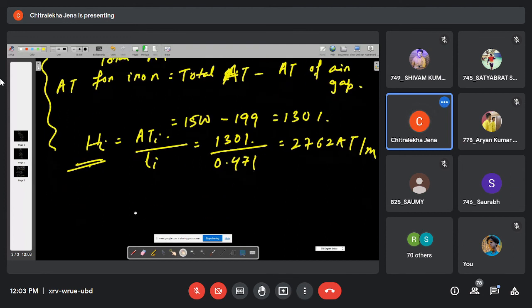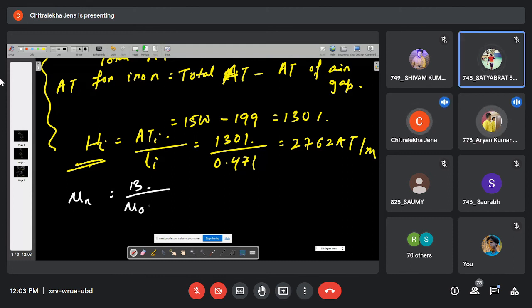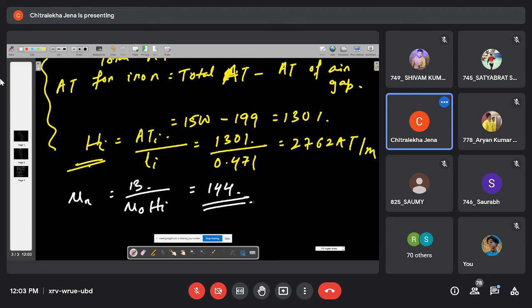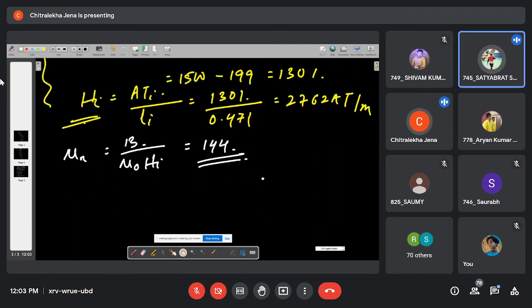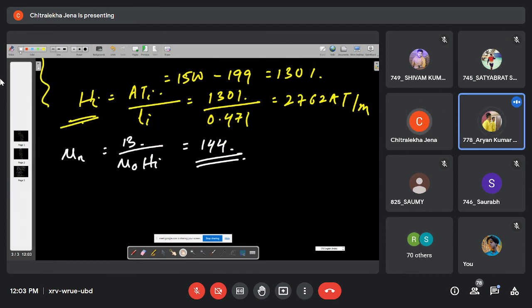Understood all of you? Yes, ma'am. Now the last one is mu R. Mu R is equal to B divided by mu 0 into HI. So this will come as 143.9, rounded to 144.